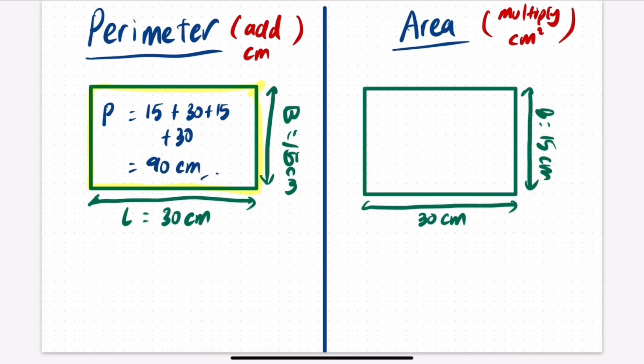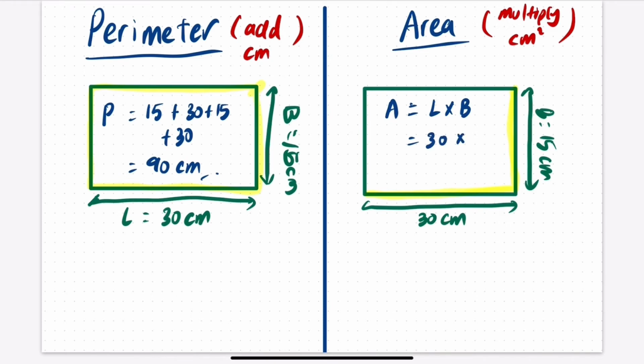On the other hand, for the area, remember, area is length times breadth. So let's trace it together again. 30 times 15, because length times breadth. It's really straightforward, isn't it?